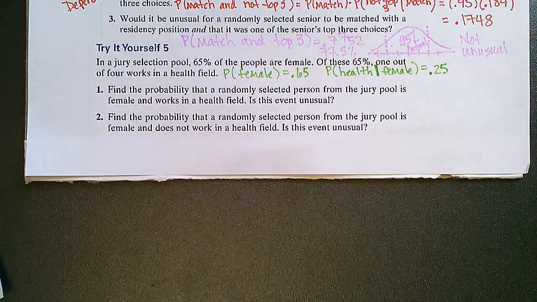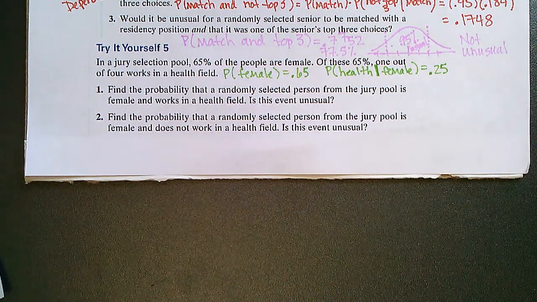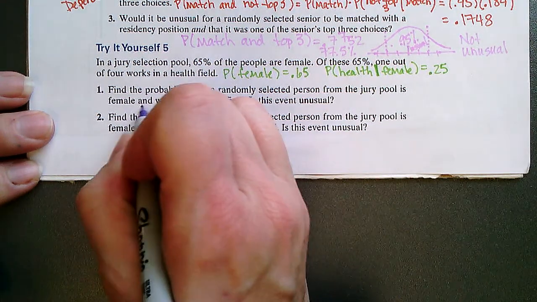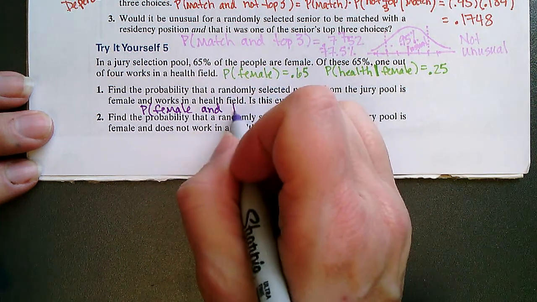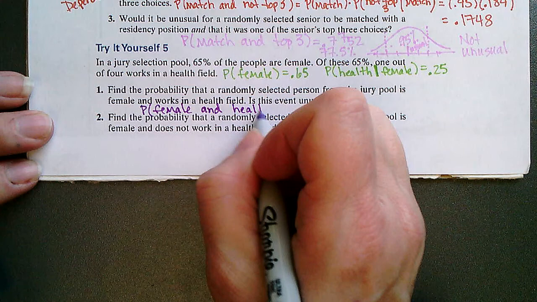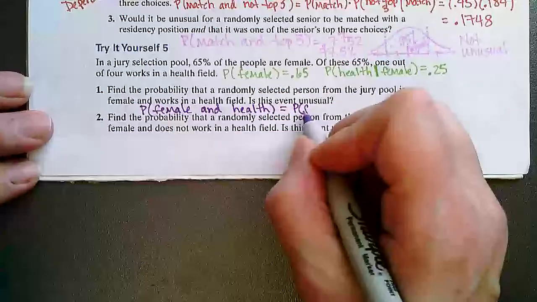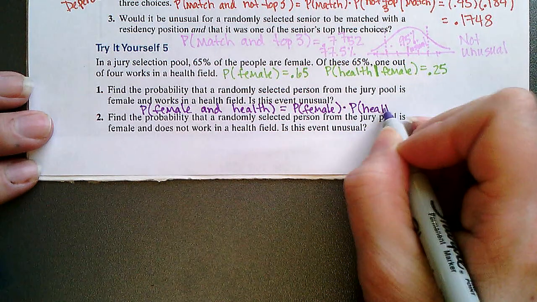So we're going to look at some probabilities based on this. Find the probability that a randomly selected person from the jury pool is female and works in the health field. So this would be the probability that they are female times the probability that they work in the health field given that they are female.